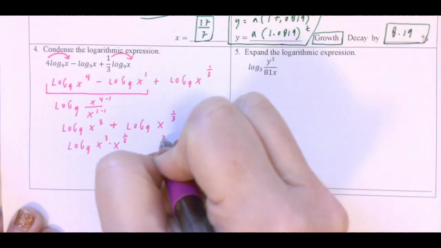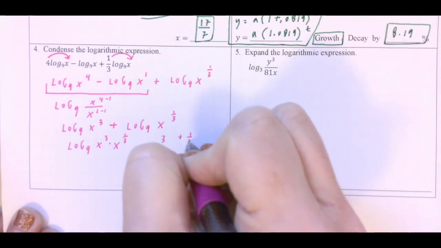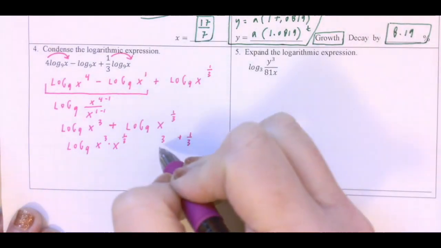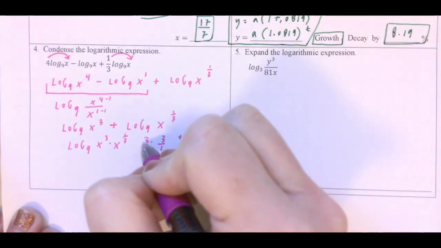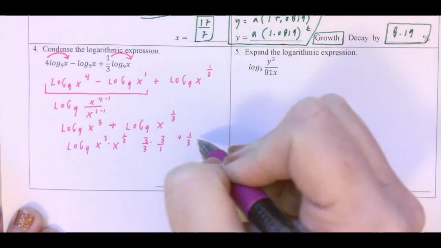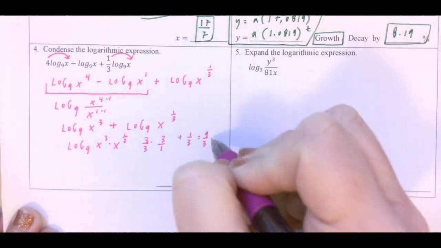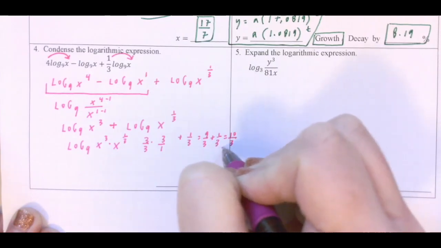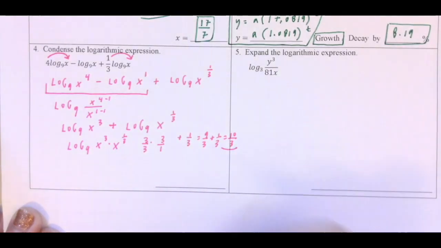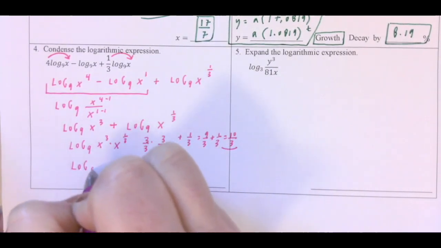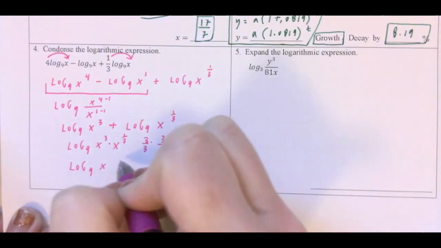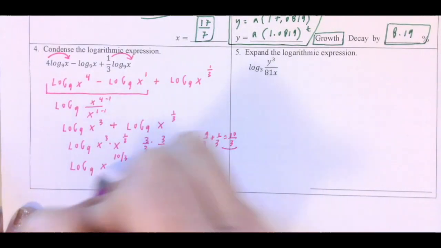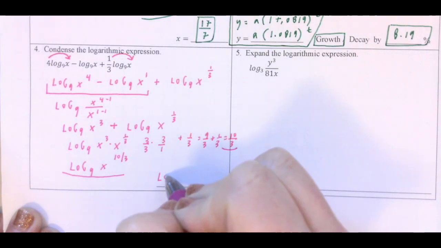So I need to add 3 to 1/3, get a common denominator. So here I'll multiply by 3 over 3. So 9/3 plus 1/3 would be 10/3. So I'm going to end up with log base 9 of x to the 10/3 power. Just rewrite it over here.